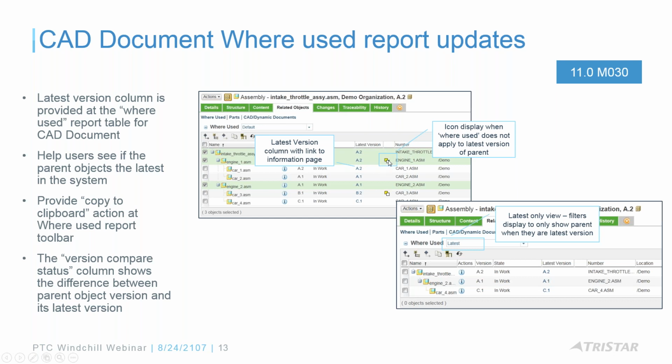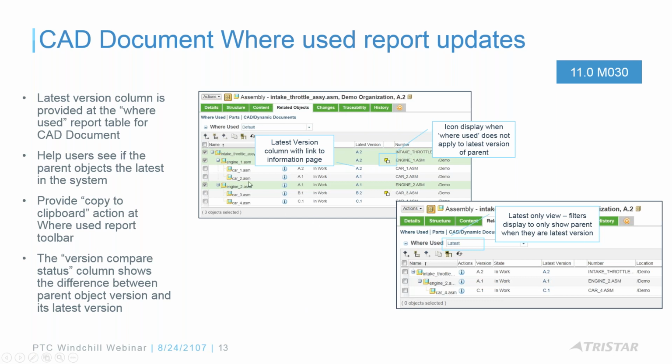If there are filters I want to set to show, let's say just the latest, there's a filter available that removes everything else and just shows me the latest components used in that where used report. So there are enhancements to this where used table.